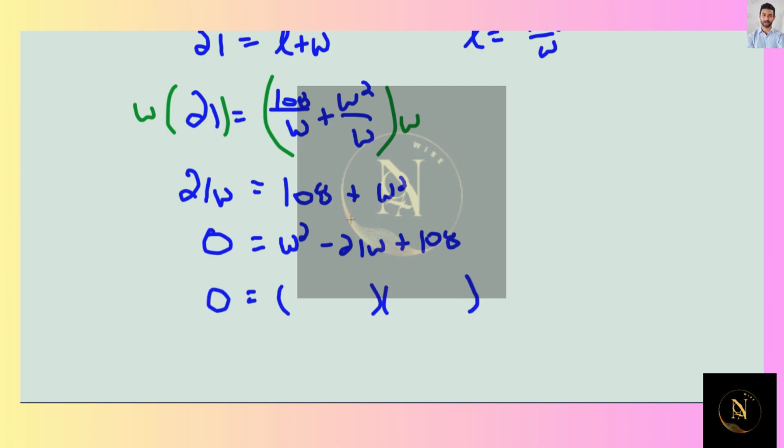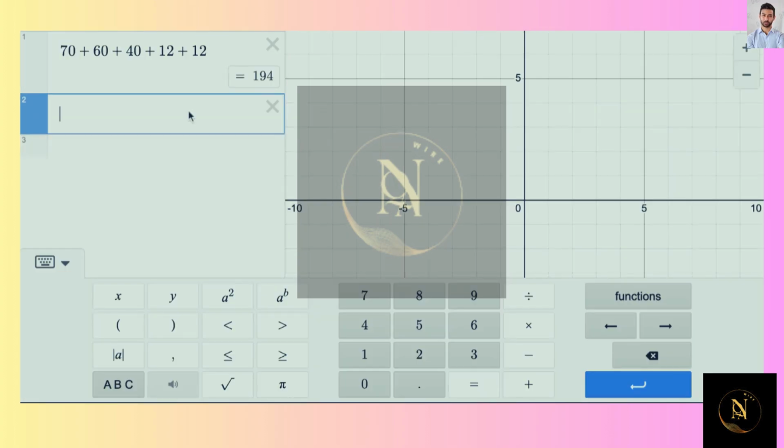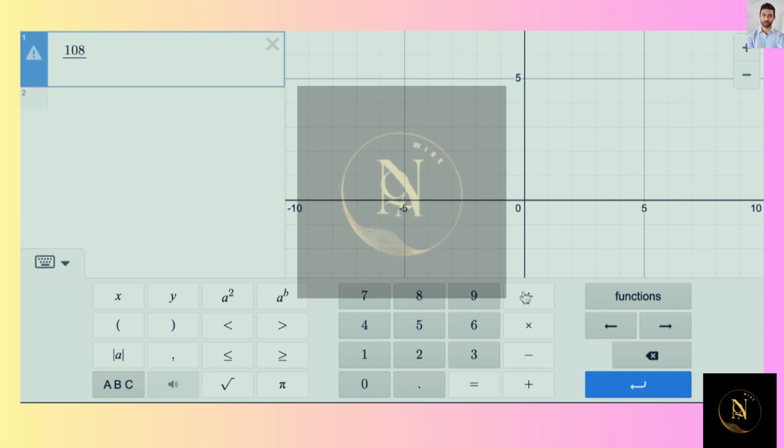So now we're looking to factor. What two numbers multiply to 108 but add to negative 21? So 108 is divisible by 4, and there's a difference of 21 there. 4 and 27.